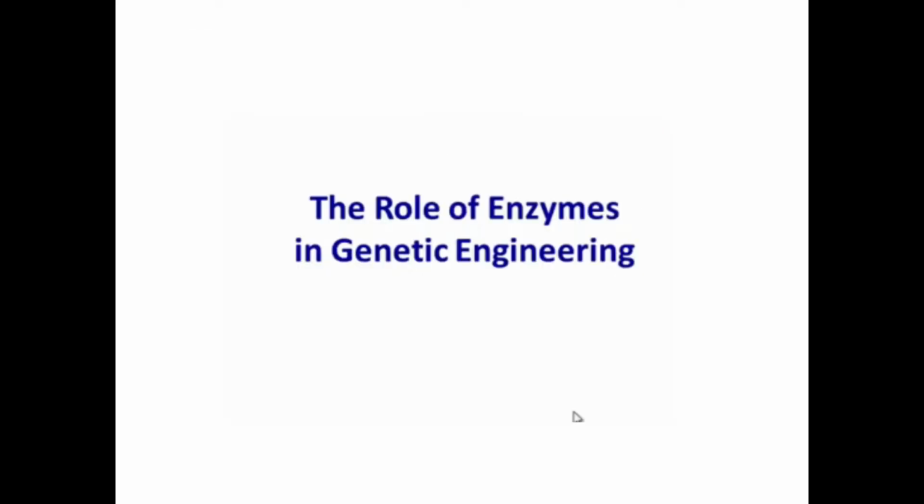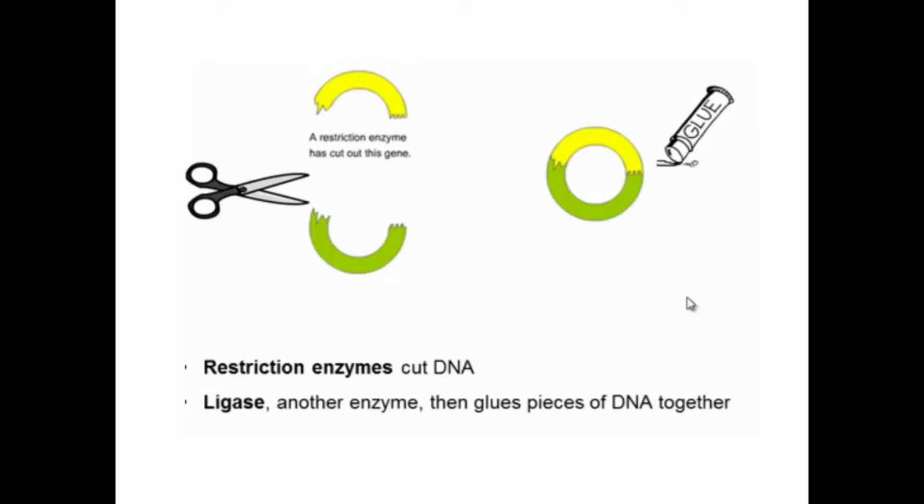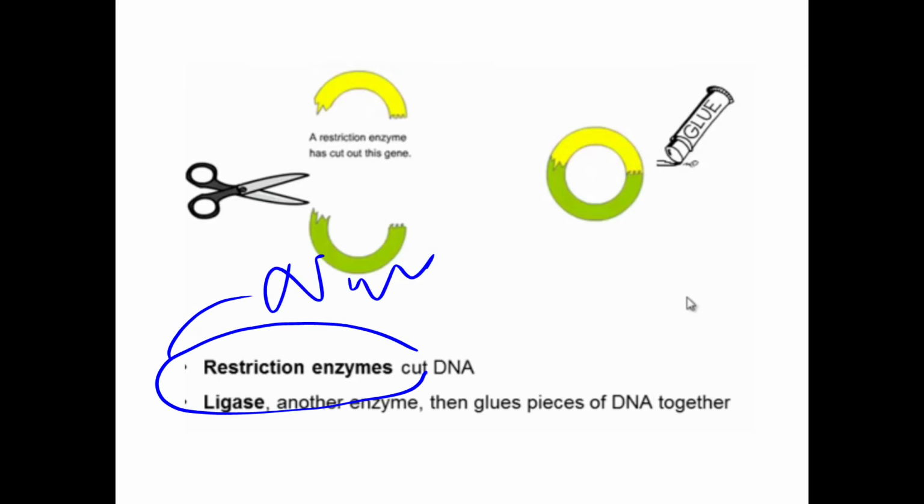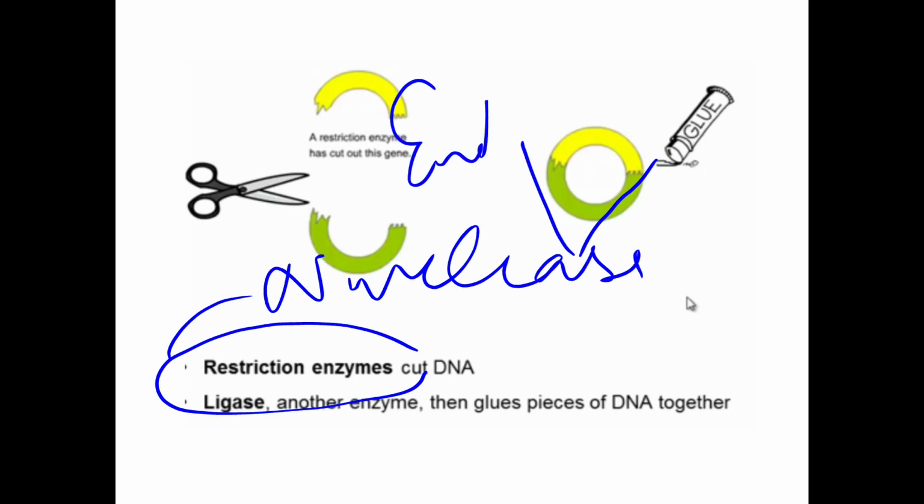So we should know the enzymes involved in the process of recombinant DNA technology. The first enzyme is restriction enzymes. These enzymes are nucleases, and you all know that nucleases are basically of two types: endonucleases and exonucleases.